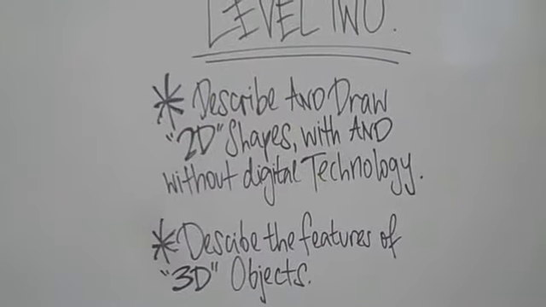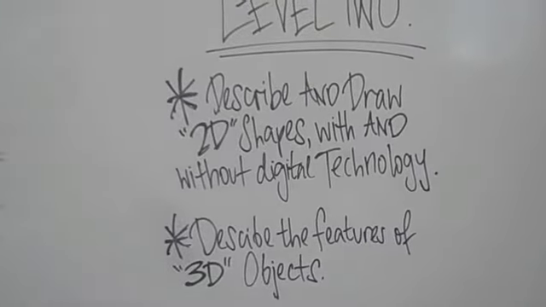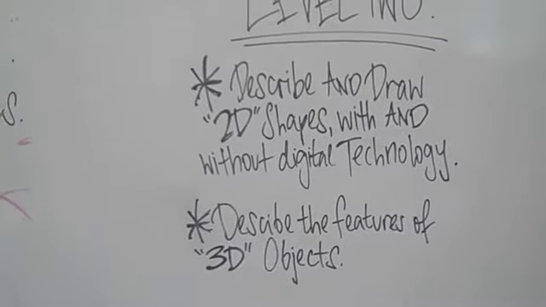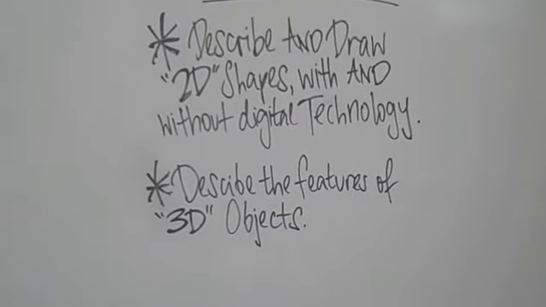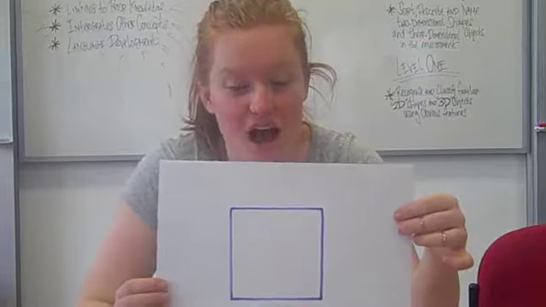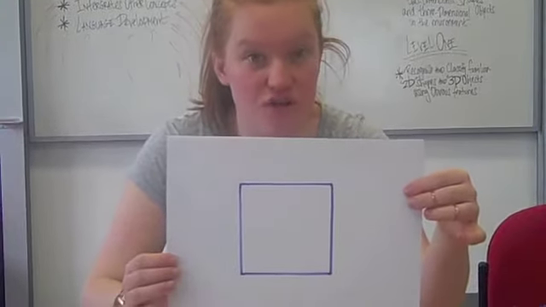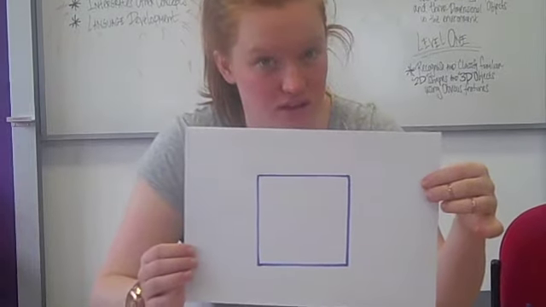According to Oswells, at level 2, students should be able to describe and draw 2D shapes with and without digital technology, and also describe the features of 3D objects. So I drew a square. I know that this is a square because it's got 4 points, 4 edges, and they're all the same length.